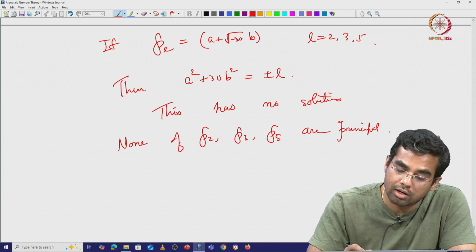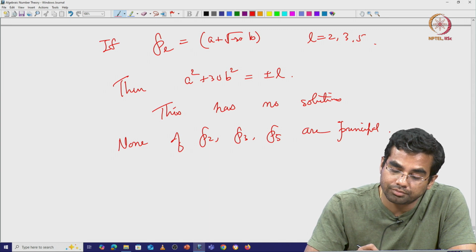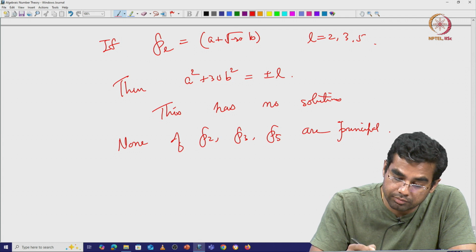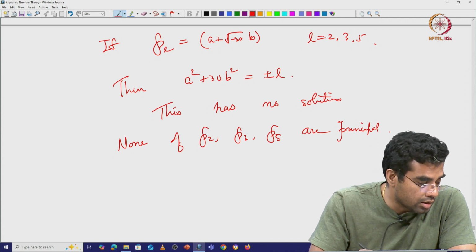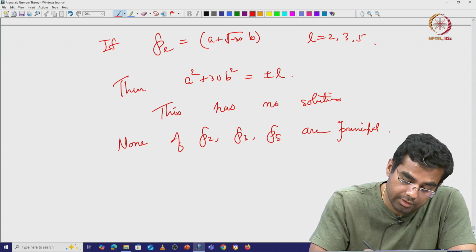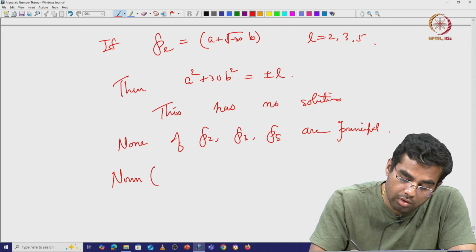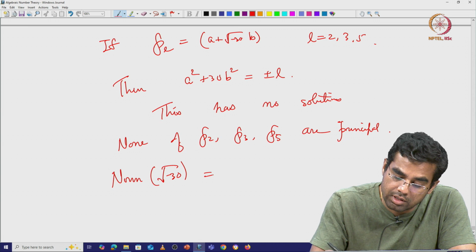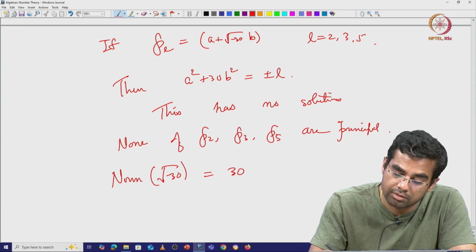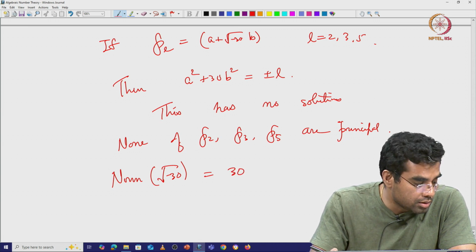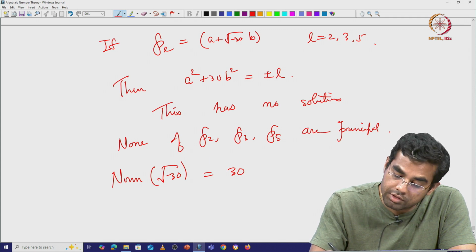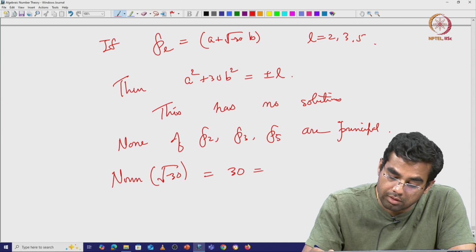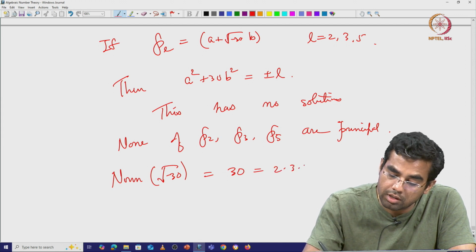So, what you do now is, for example, you could take square root of minus 30 itself. You consider the norm of square root of minus 30, and this thing of course is just 30, which is 2 into 3 into 5.